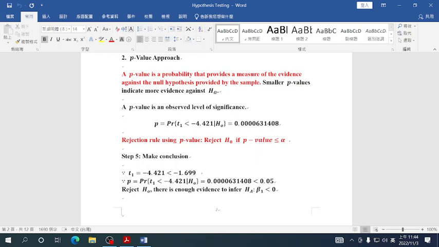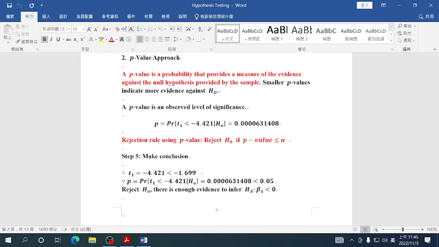So the area of the test statistic, you may imagine this distribution really extends to infinity, positive infinity or negative infinity. But the tail will never touch the number line. Although it is very small, there's some area. Area means probabilities.